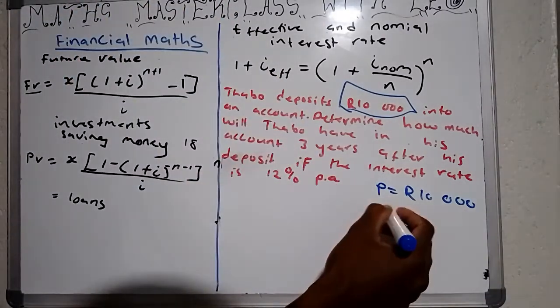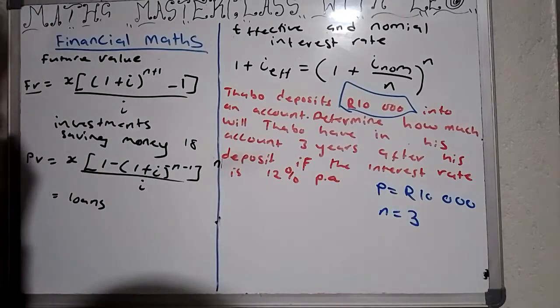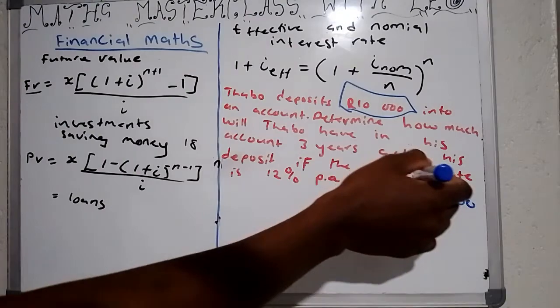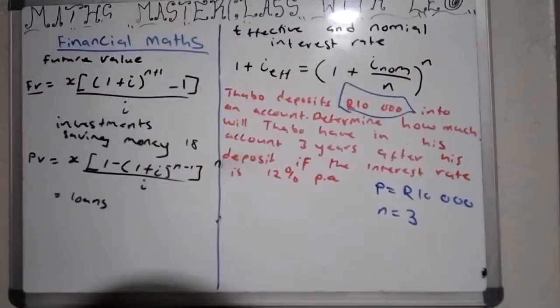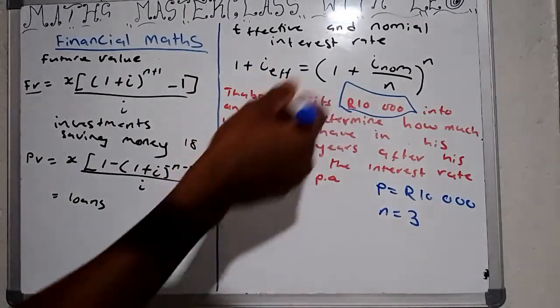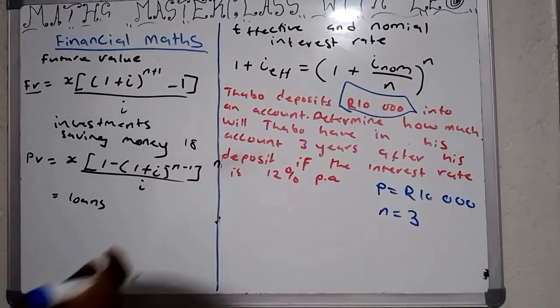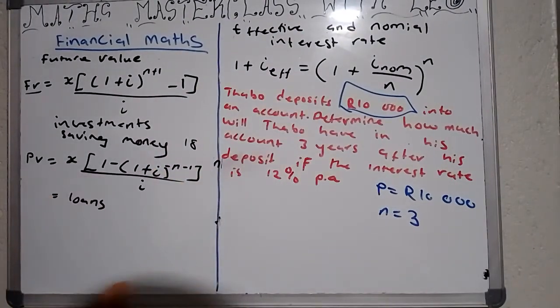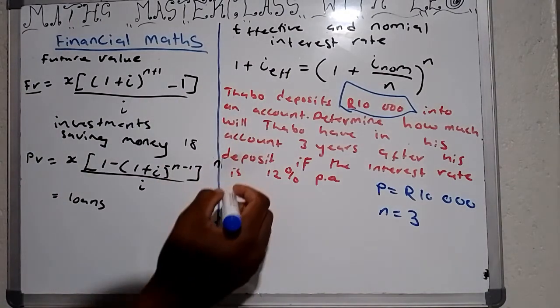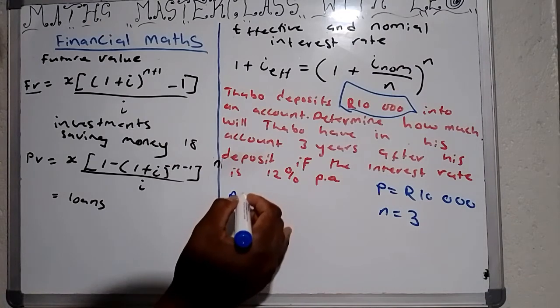This is the value of N, 3 years, if the interest rate is 12% per annum. You see, we need to apply a formula that involves interest, right? It's growing, increasing interest. So now, can we apply this formula?